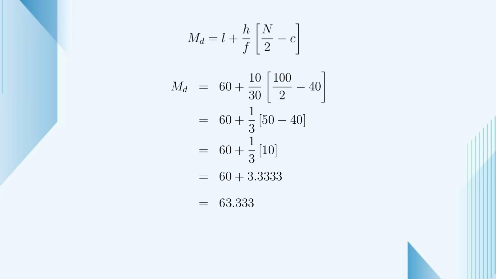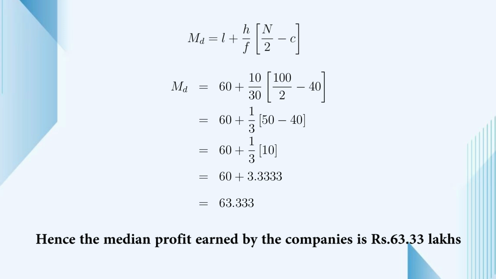That is equal to 63.33. Hence, the median profit earned by the companies is 63.33 lakhs.